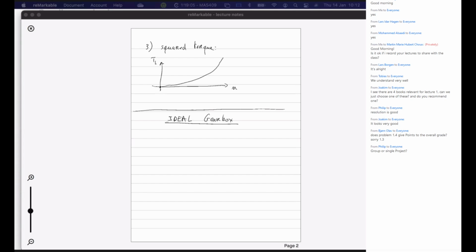So if we just draw a gearbox, it looks like two gears. I'm not good at drawing this, but you have a different number of teeth, and then different radii, R1 and R2. And then you have two shafts, one coming in and one coming out.